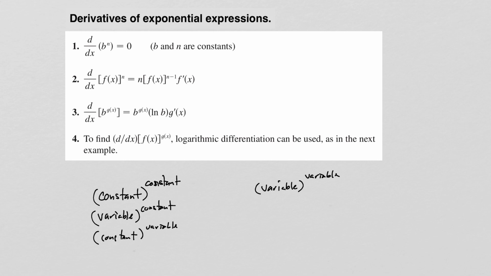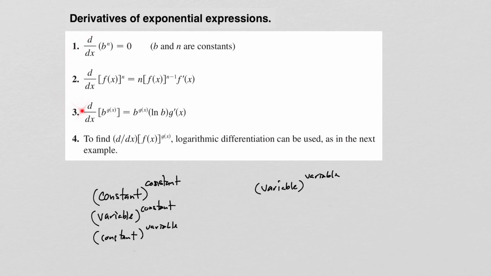In the next example, if you have a constant b raised to a variable g of x, this is just an exponential expression with base b. So the derivative of b to the g of x is b to the g of x multiplied by the natural log of b multiplied by the derivative of g.